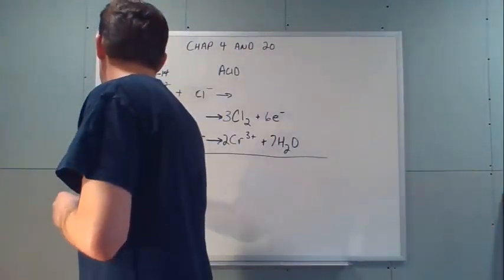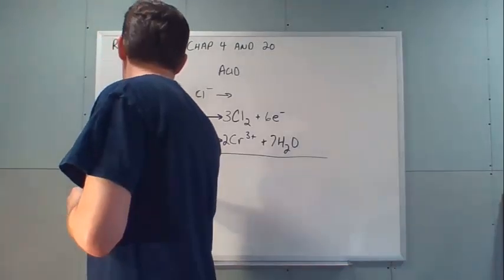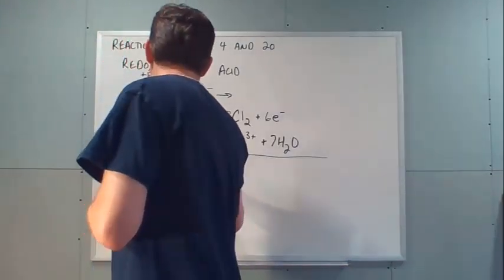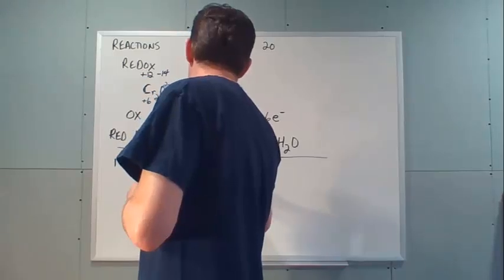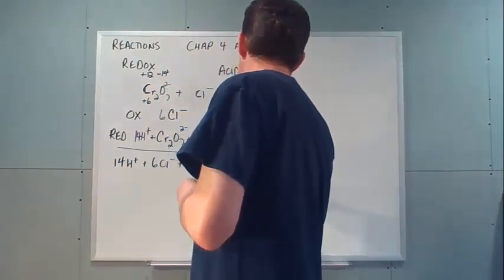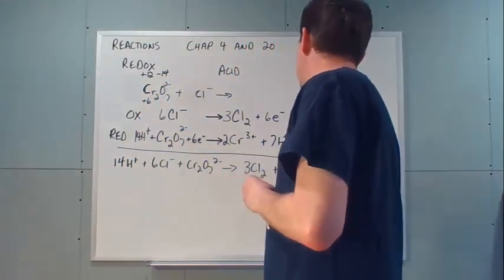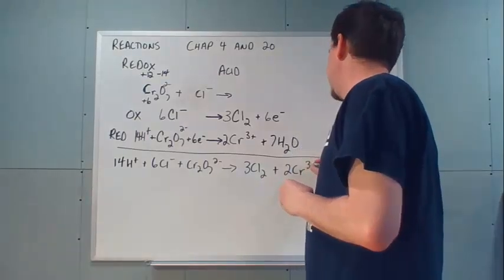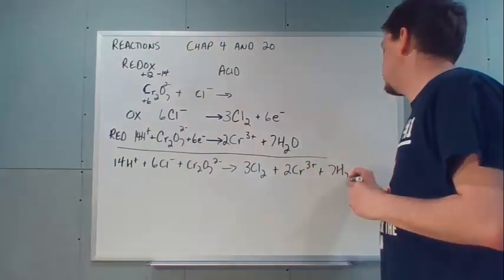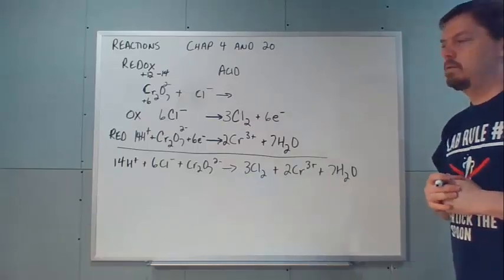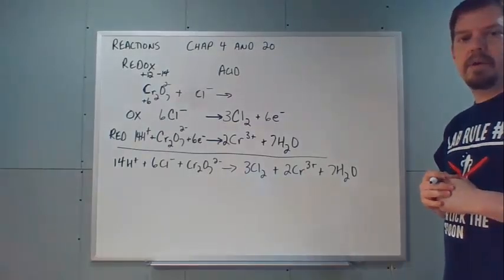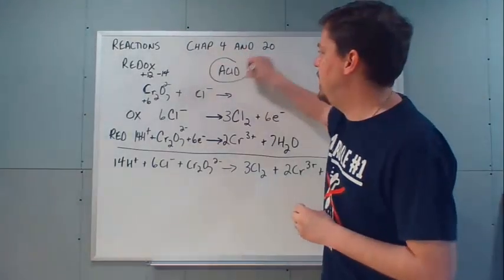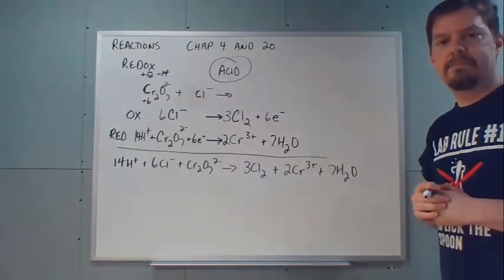So 14 H+ + 6 Cl- + Cr2O7 2- yields 3 Cl2 + 2 Cr 3+ + 7 H2O. So there is my complete net ionic equation for being in an acid situation.